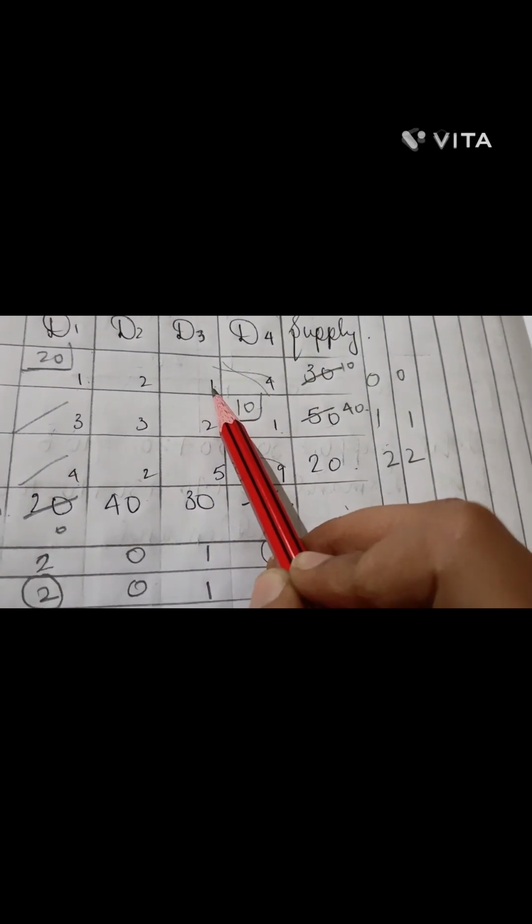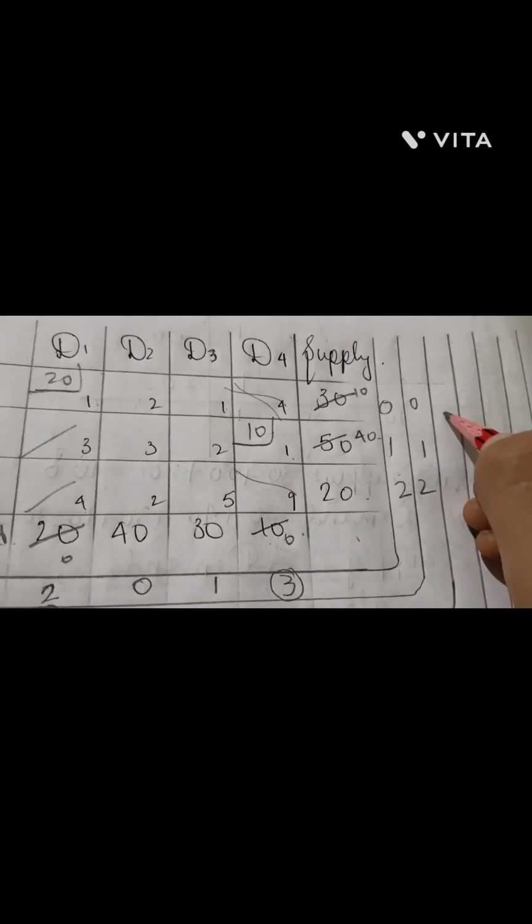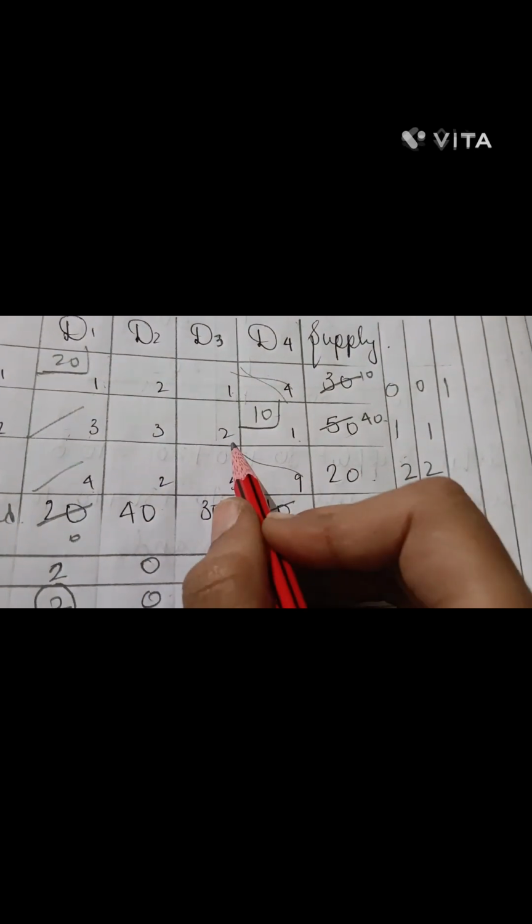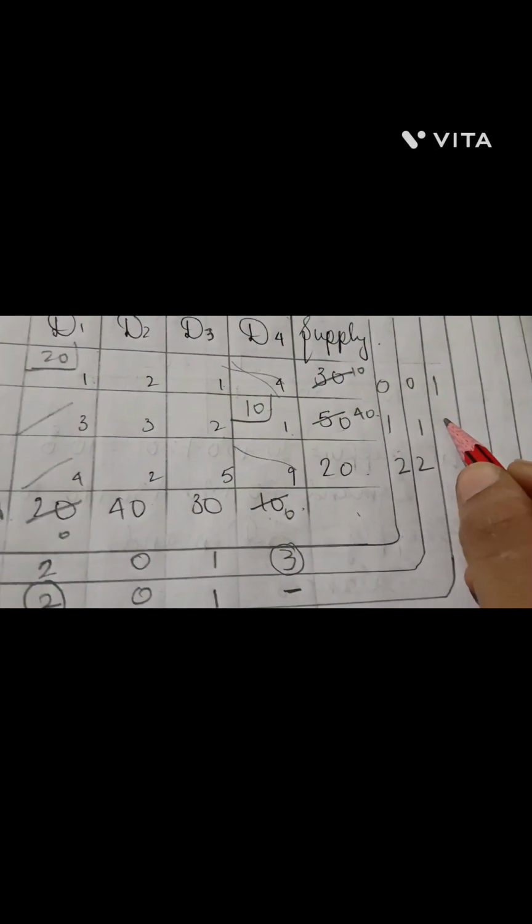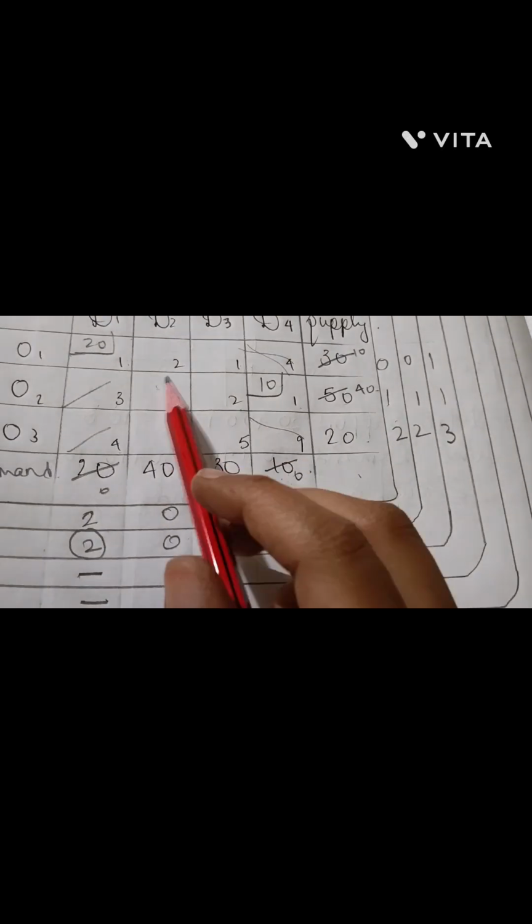Here it is 1. It's going to be 1. Here it is going to be 1, and here it's going to be 3, and here it's going to be 0. Here 1, here again dash.